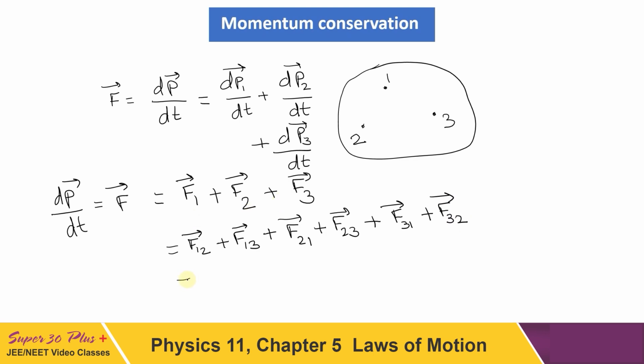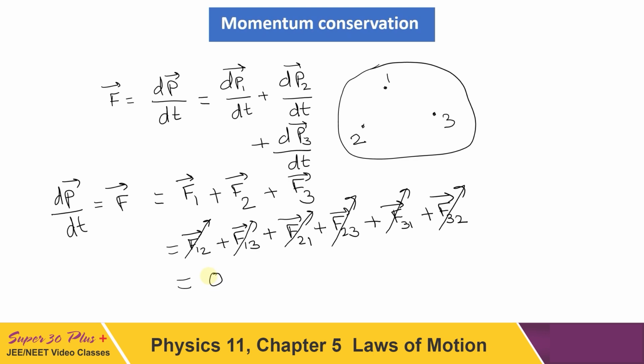Now if you see here, this is F12 and the other force here is F21. These two will be equal and opposite, so they can be cancelled out. The same is for F13 and F31. These two got cancelled. One more pair you can see is F23 and F32. So this all will be equal to 0 because it is a physically isolated system.